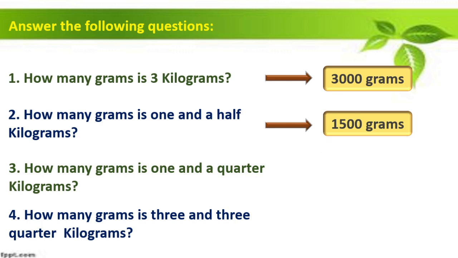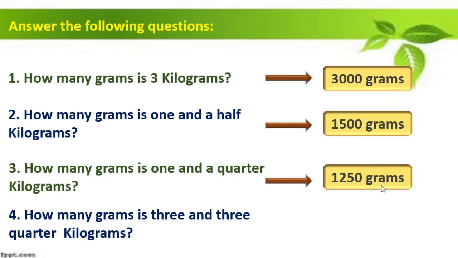Right? The next one. How many grams is 1.25 kilograms? Yes. Again here 1 means 1000 grams. Quarter, half of half. Yes, very good. 250. So our answer is 1250 grams.